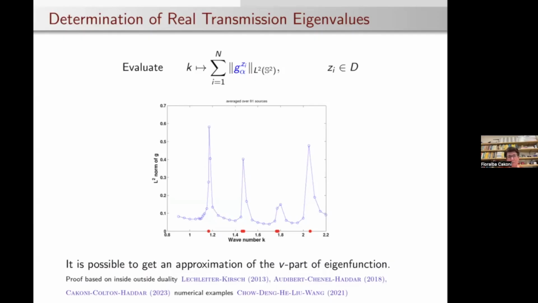Many materials really have dispersion, and these exotic materials' behavior depends on a particular dispersive relation. So you cannot actually use the transmission eigenvalue idea to get some information about material properties.